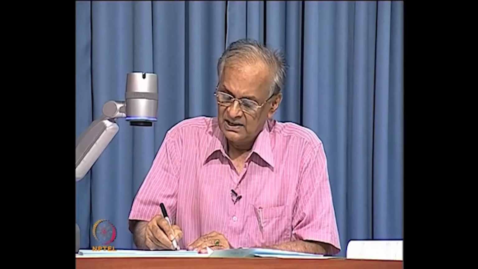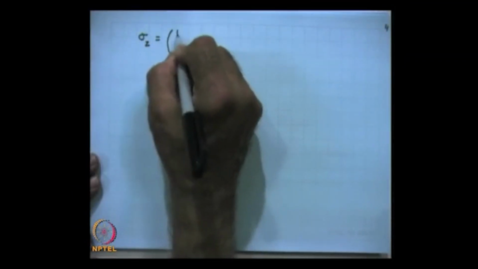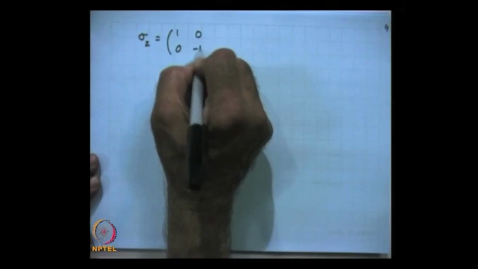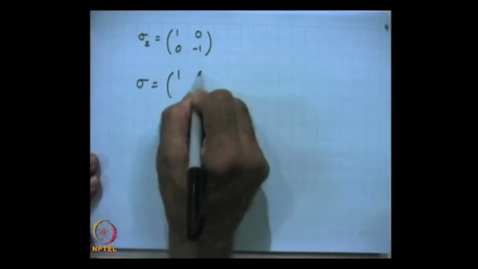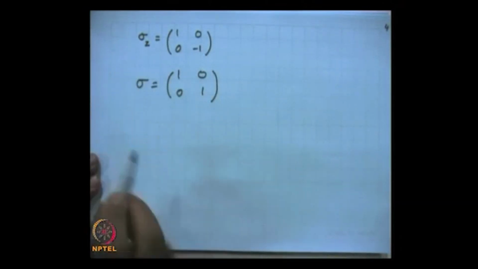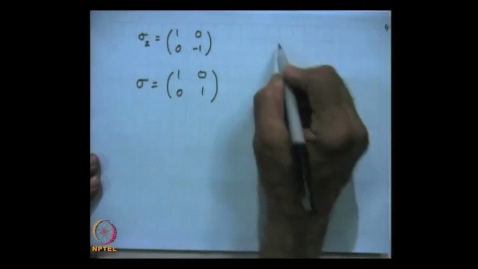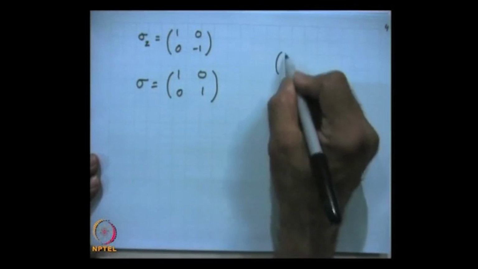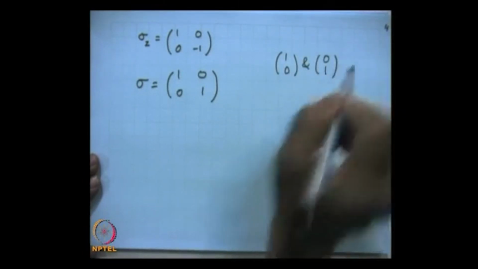Similarly, if we take the Pauli spin matrix sigma z, 1 0 0 minus 1, and sigma again the same matrix 1 0 0 1, then sigma z and sigma commute with each other, and the simultaneous eigenkets are 1 0 and 0 1.